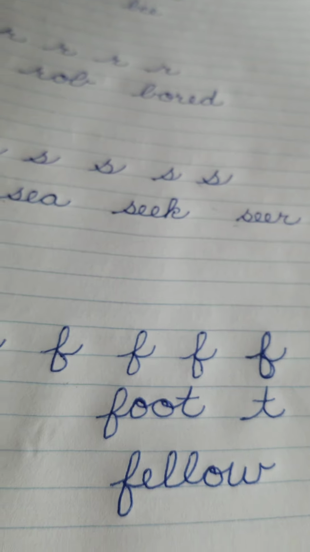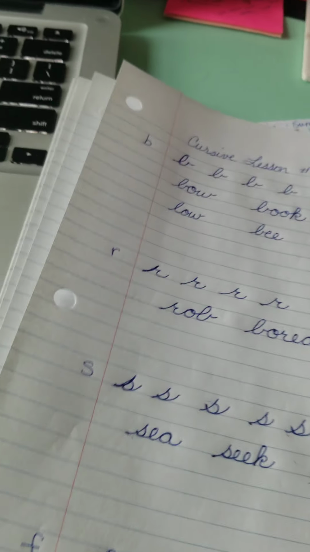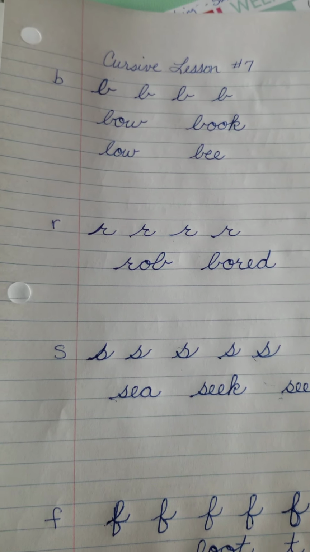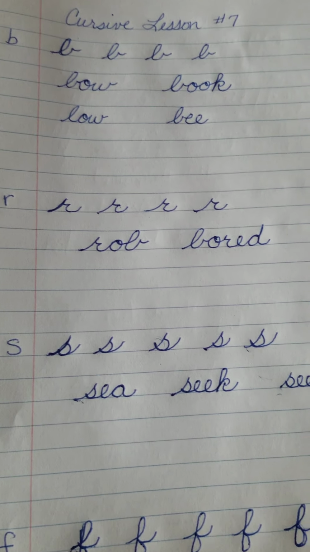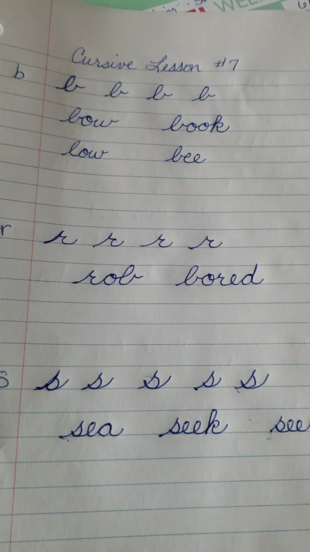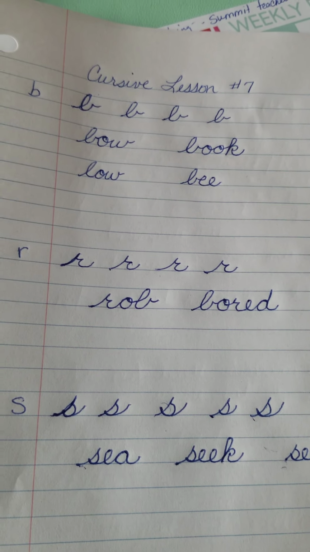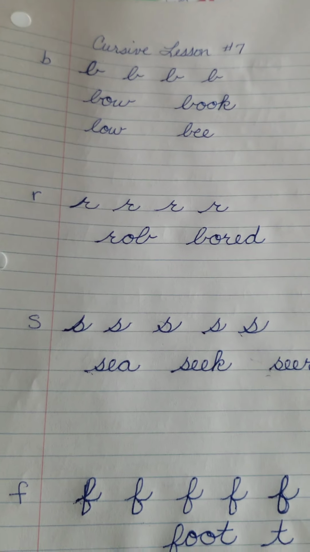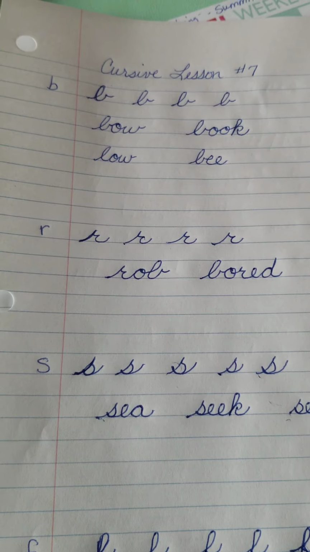All right. Practice, practice, practice. Start putting the letters together. Ask family members, hey, give me a short word that begins with the letter B. Because you almost have all the letters down.